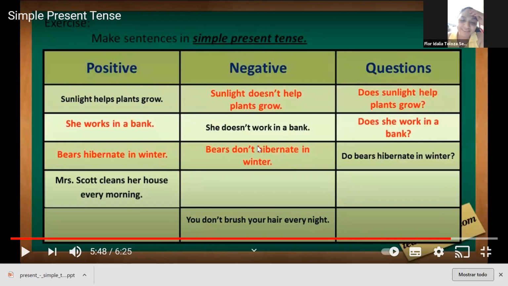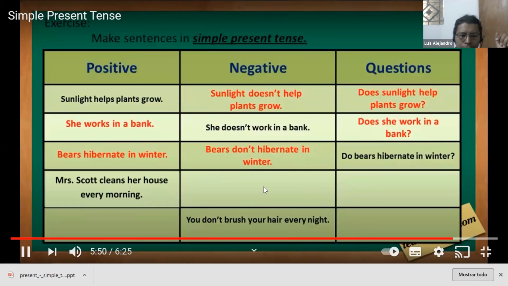Okay. First, hibernate in winter. Please pronounce this word, everyone. Hibernate. Hibernate. Okay, all right.